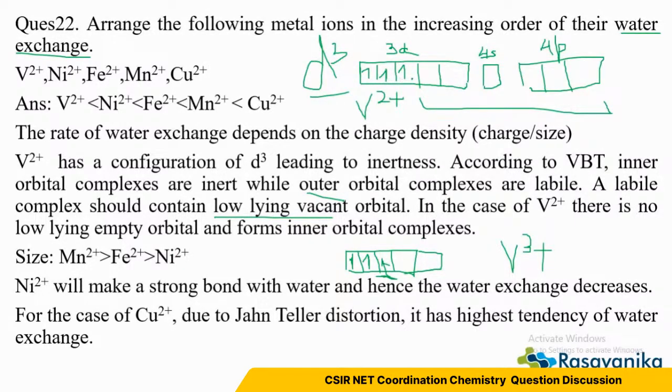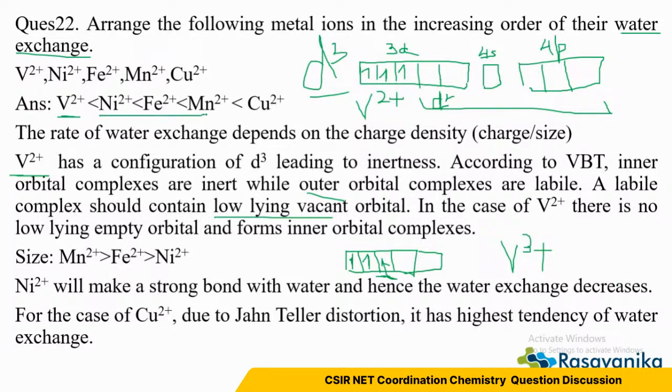You can see here that this orbital is not empty. We have three electrons present, 1, 2, 3. These are empty. So the hybridization is d2sp3, right? So according to VBT, the inner orbital complexes, that is the d2sp3, are inert. So that is why this V2 plus is inert, definitely. So it is at the last, V2 plus, right?